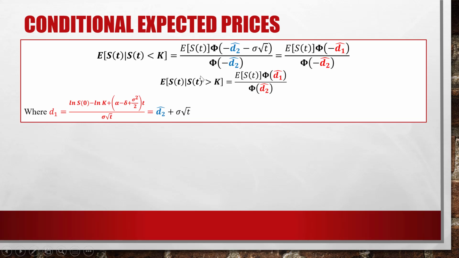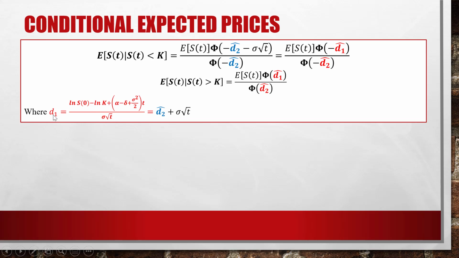And the opposite situation, the expected value of the stock price given that S of t is greater than k, is the expected value of the stock price times phi of d1 hat over phi of d2 hat, where d1 hat here is natural log S0 minus natural log of k plus alpha minus delta plus sigma squared over 2 times t, over sigma square root of t.